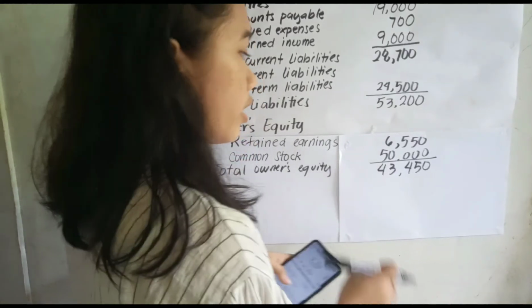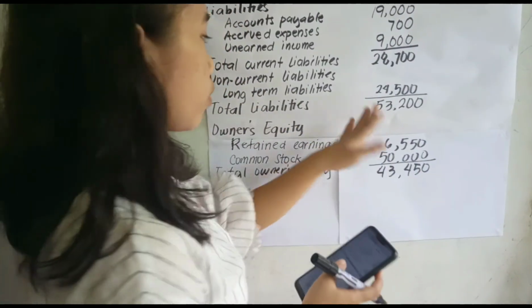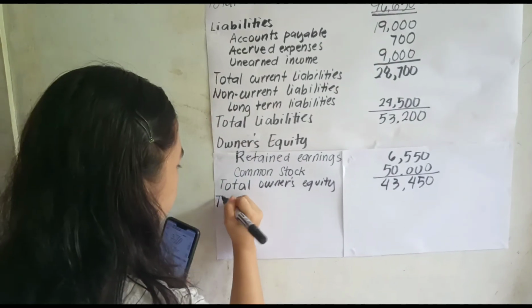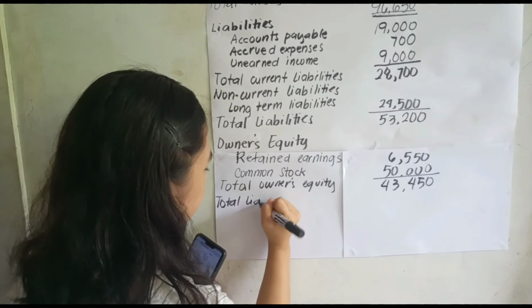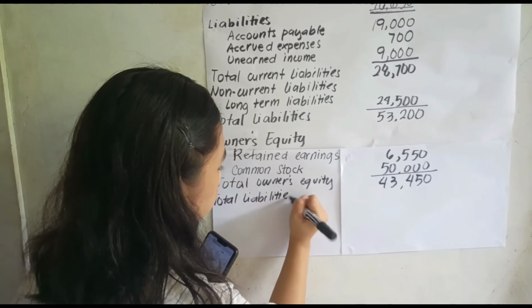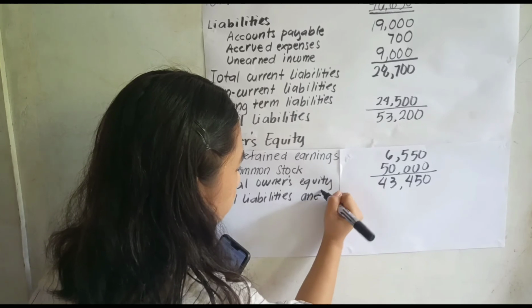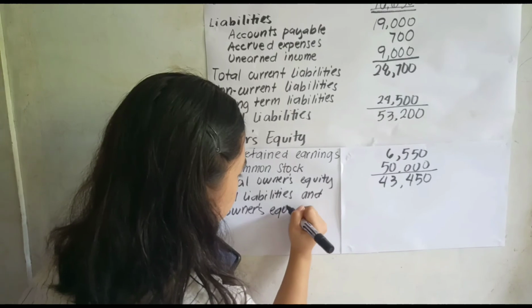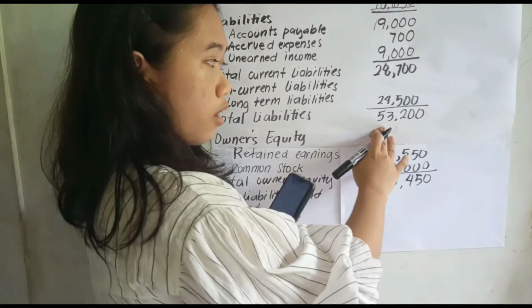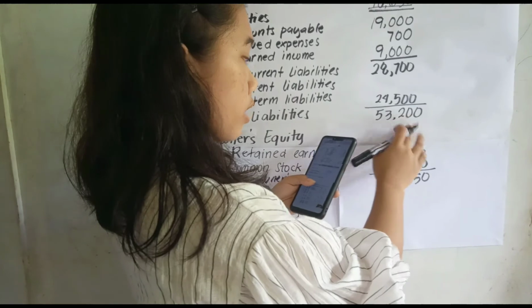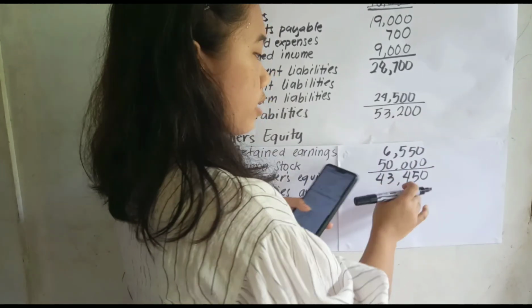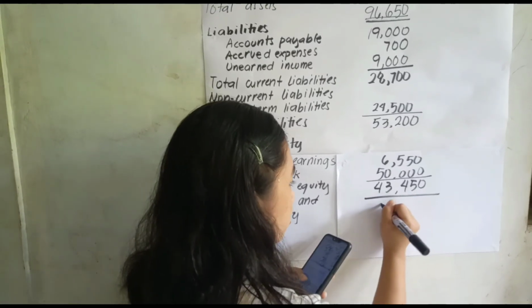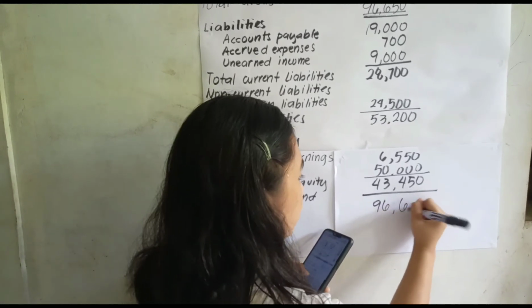The last thing we do is to add the total liabilities and the total owner's equity. $53,200 plus 43,450 is equal to 96,650.